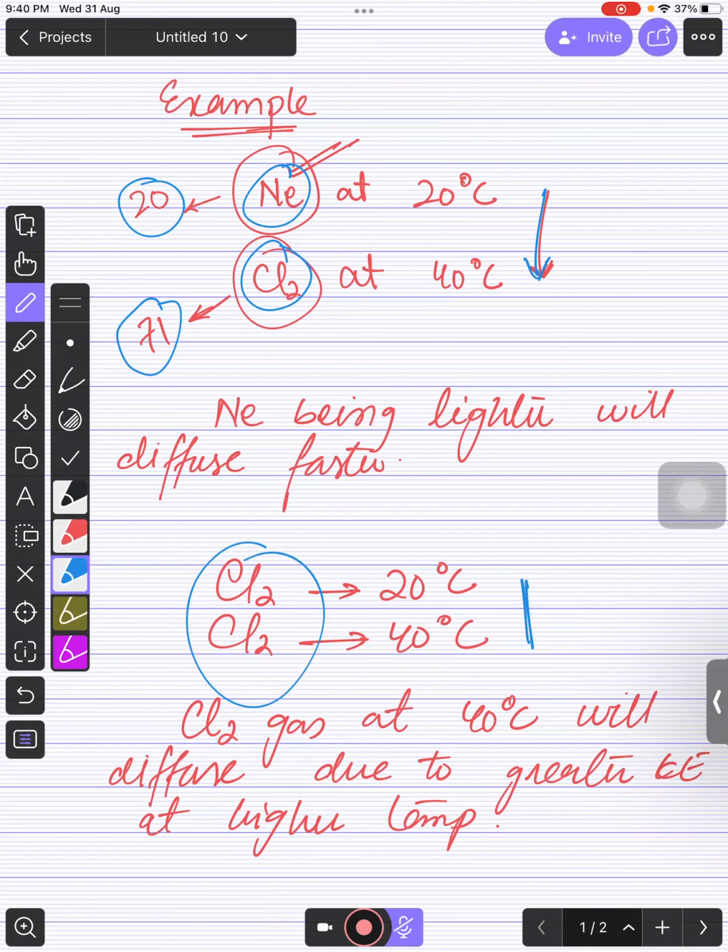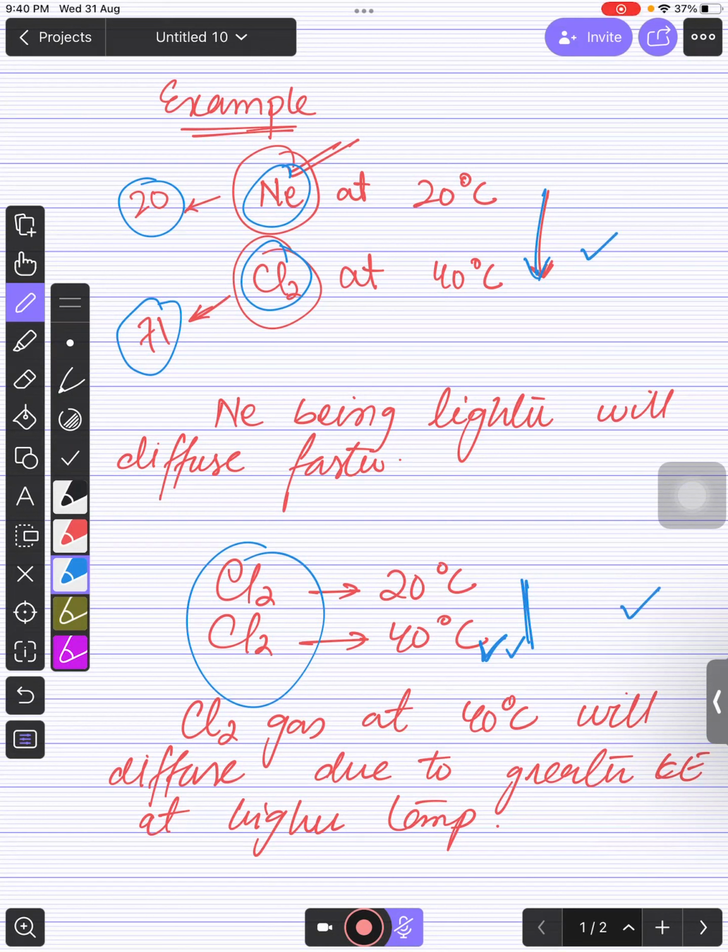When we increase the temperature, the kinetic energy of the particles increases and they move faster. That is why chlorine at 40 degrees centigrade, at the higher temperature, will diffuse faster, right? So we have to write both statements? No, this is a different question, and this is a different question.